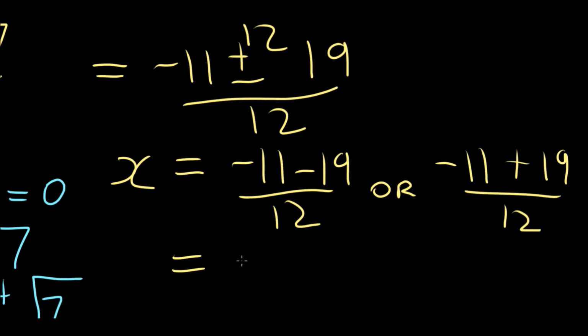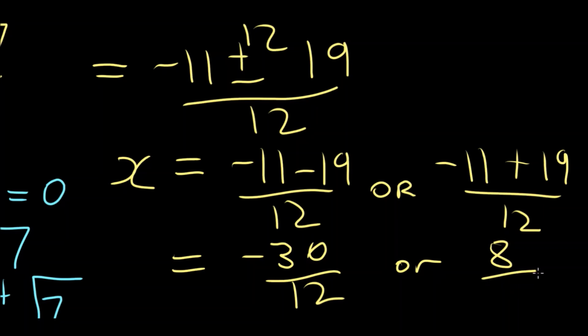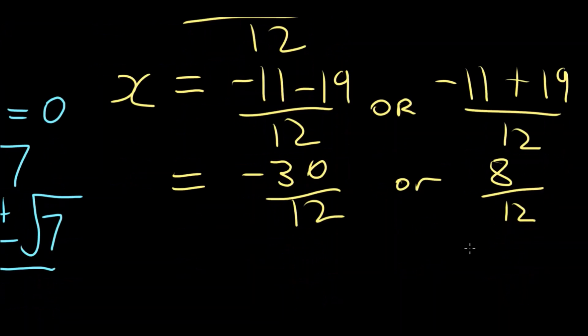Minus 11 minus 19 is minus 30 on 12. Or minus 11 plus 19 is positive 8, right? Over 12. So that's 30 there.